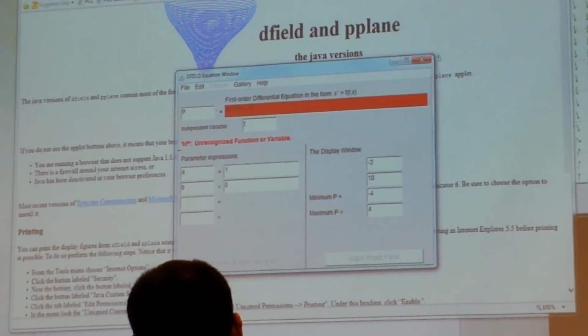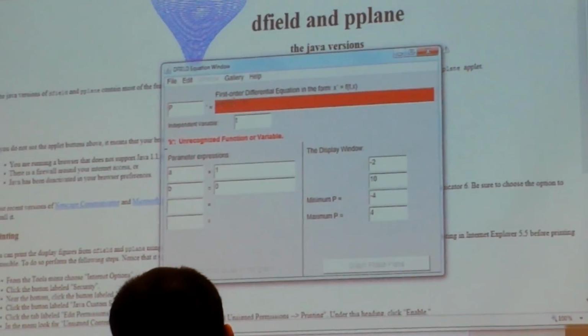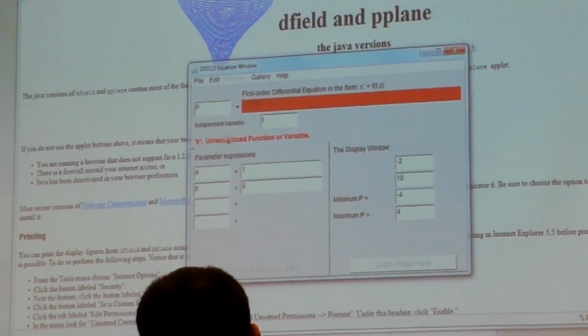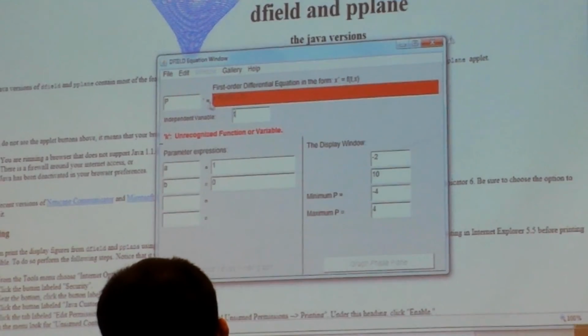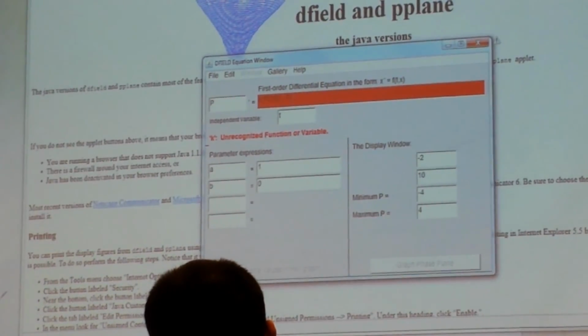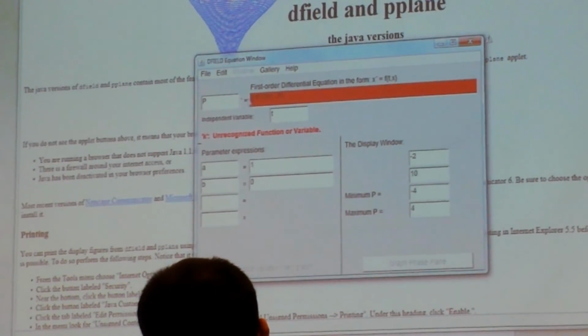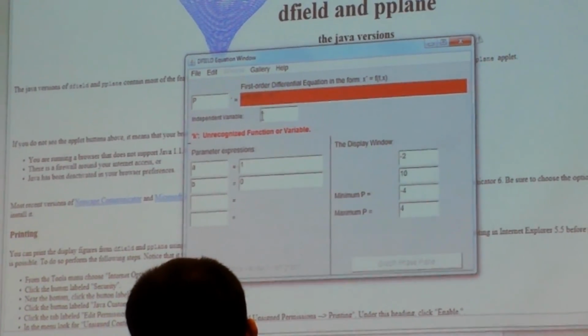It doesn't recognize that function or variable kP. I'm going to put a times in there between variable expressions. It doesn't recognize k. The independent variable is t, time, although this differential equation does not involve t. Okay, we'll define that in a second. That's called an autonomous equation.